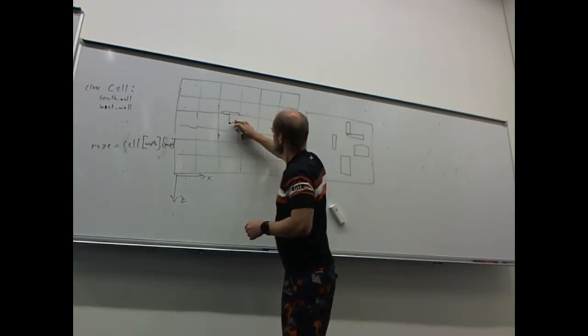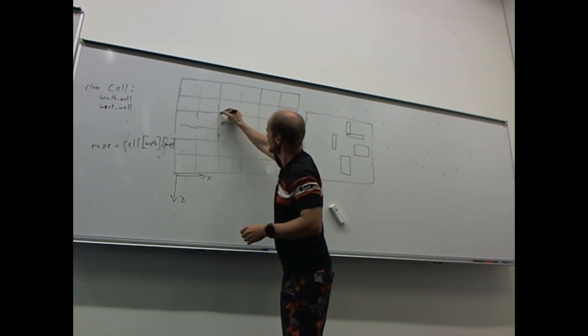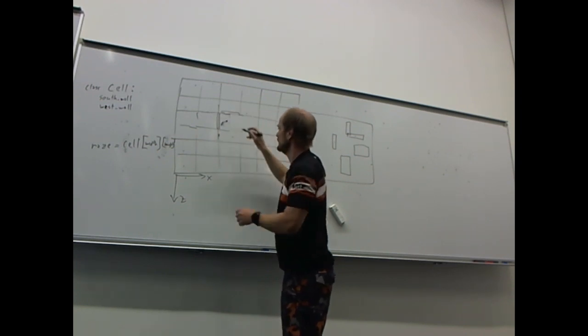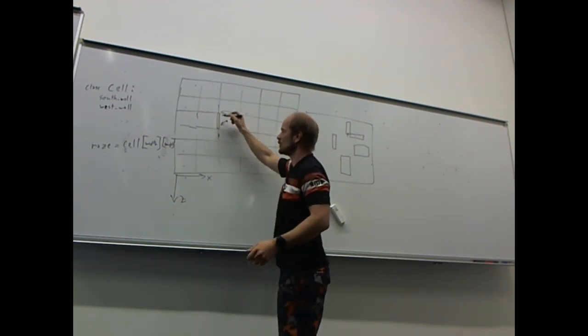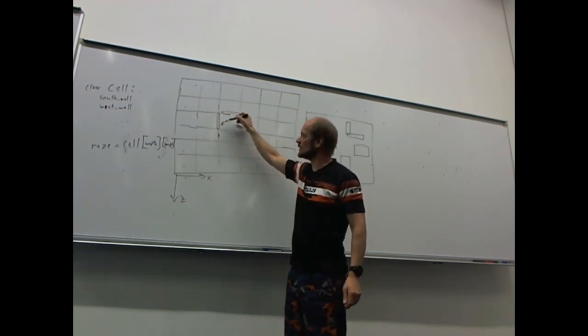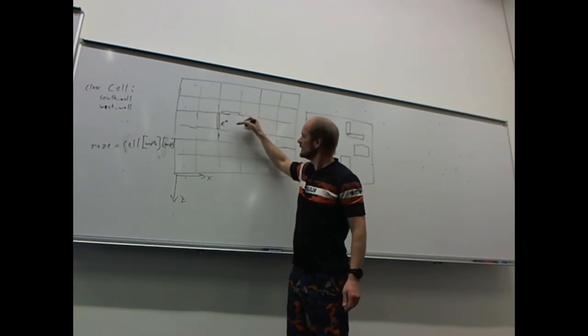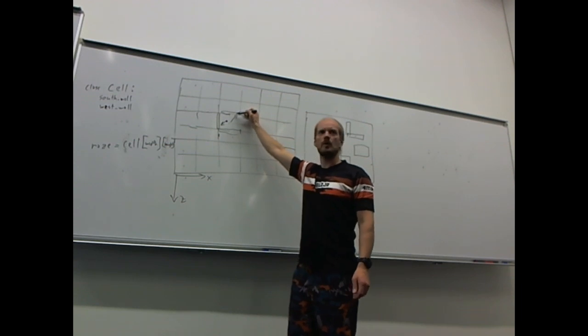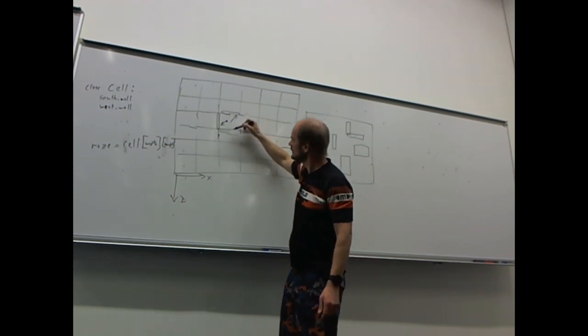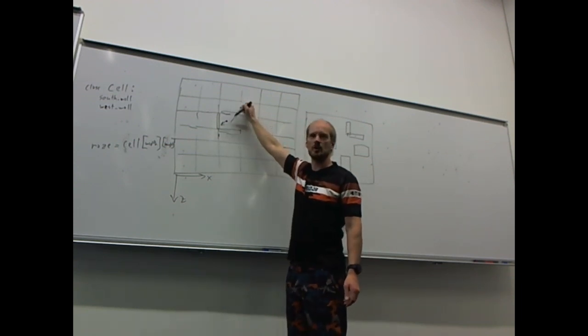In this case, if I'm walking in this direction, and I'm in this cell, it's easy for me to check, is there a west wall? Then there's a west wall here, and I have to collide with it. If there's not a west wall, I can walk through it. Is there a south wall? If I'm going this direction and I want to check, is there a north wall? I simply need to go to the next cell and ask, is there a south wall there?